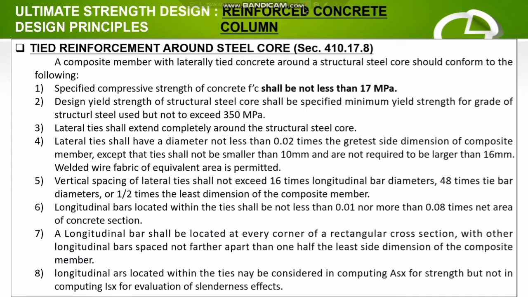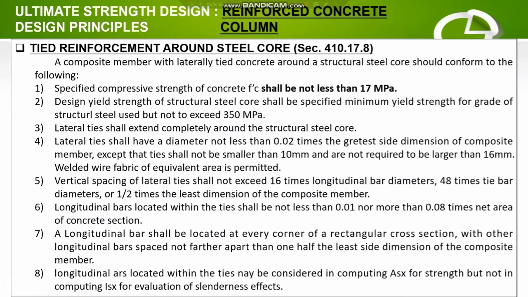Still in the design principles, tied reinforcement around a steel core, section 410.17.8. A composite member with laterally tied concrete around a structural steel core should conform to the following. The specified compressive strength of concrete fc' shall not be less than 17 megapascals.